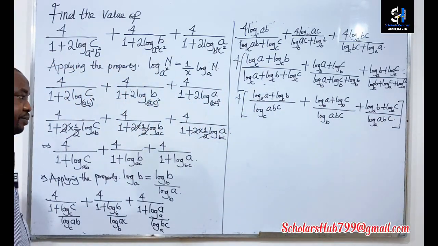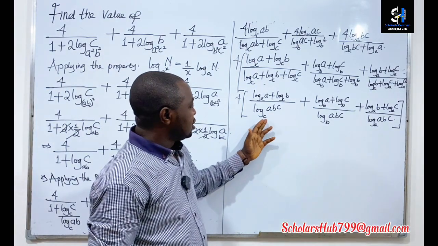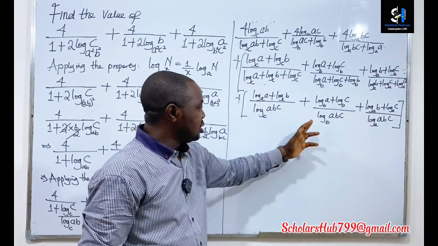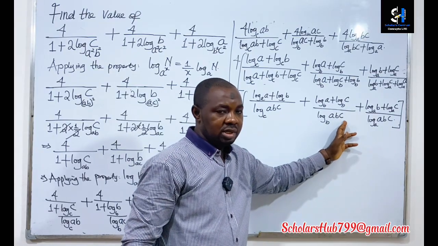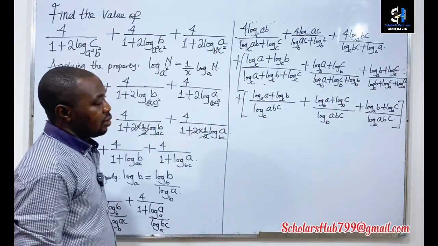Now we can see that we have ABC as the argument in this case, ABC also as the argument in this case, and ABC as the argument in the other case.